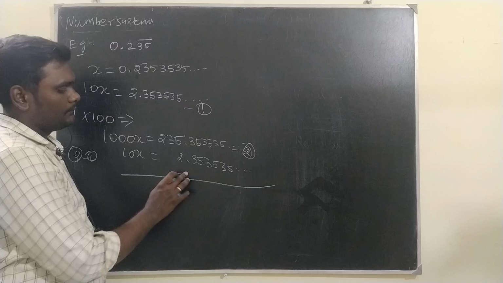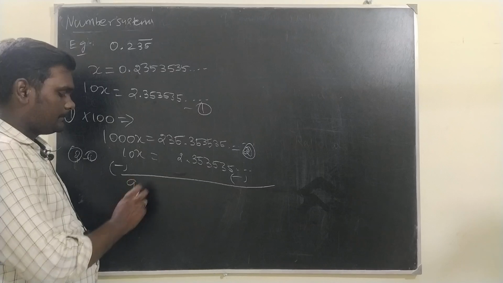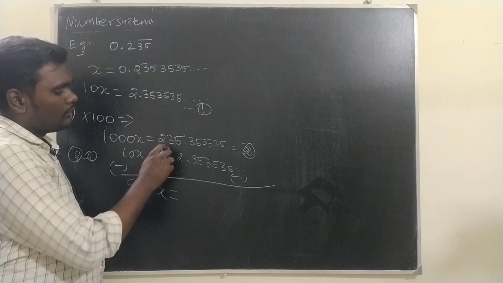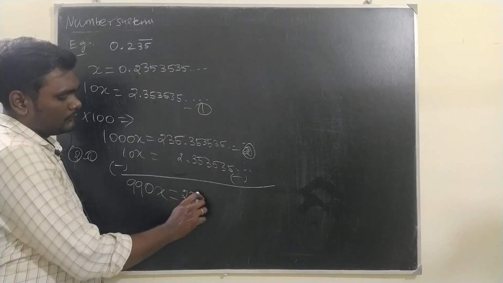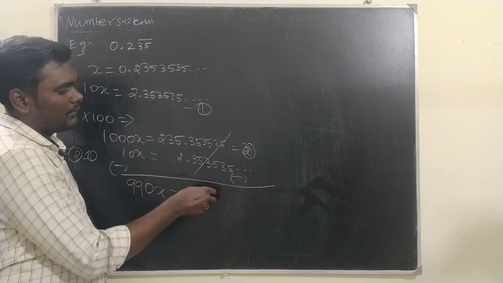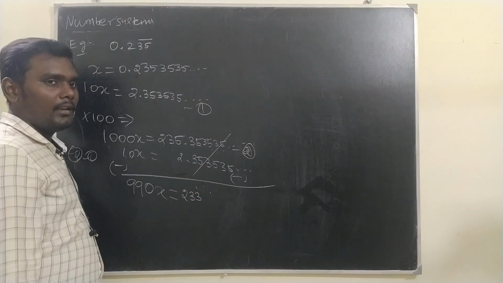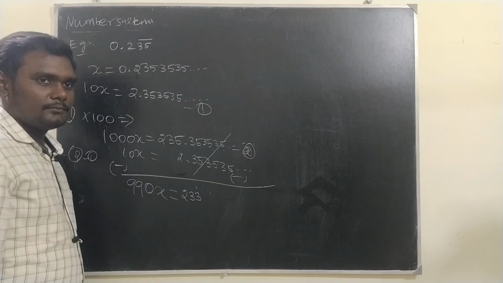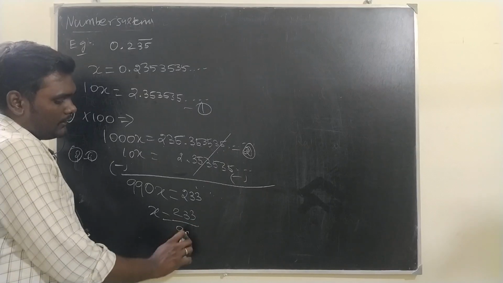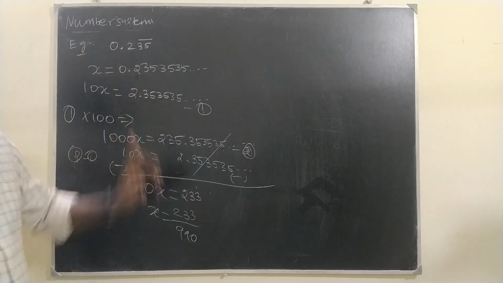When we subtract, 1000 minus 10 gives 990x, and 235 minus 2 gives 233. The decimals 35, 35 subtract to 0 forever, it won't end. So x equals 233 by 990. That is the rational number P by Q form of this number.